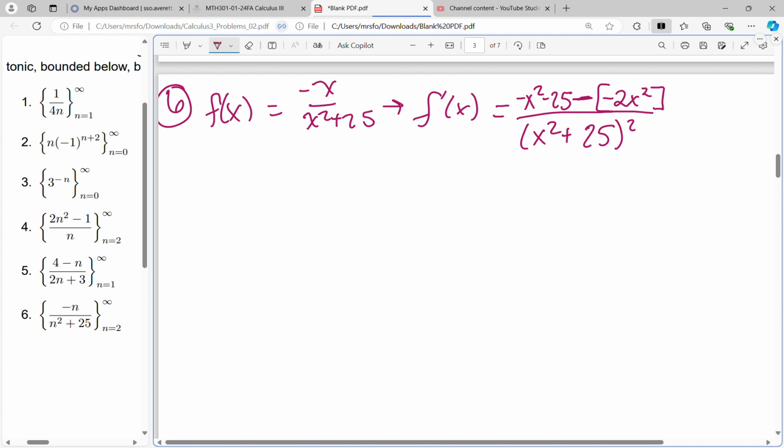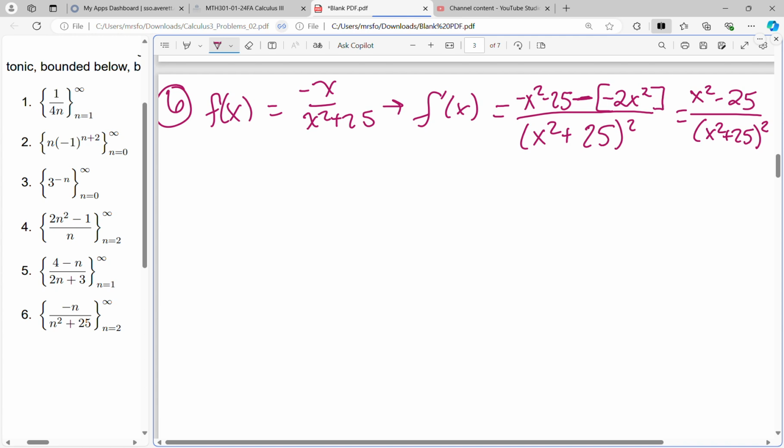And so simplifying that, negative x squared minus 25 minus negative 2x squared becomes x squared minus 25 over (x squared plus 25) squared. So, looking here, the denominator is always going to be positive because it's squared, but the numerator is not going to always be positive.